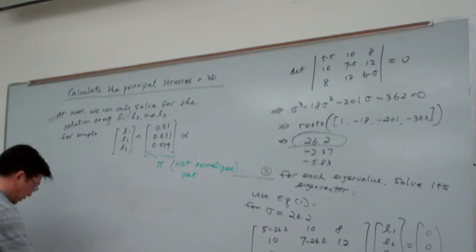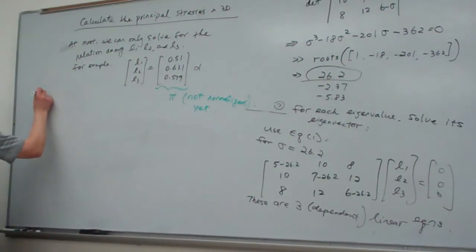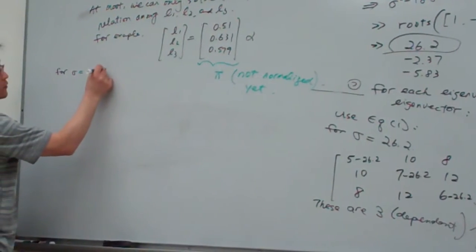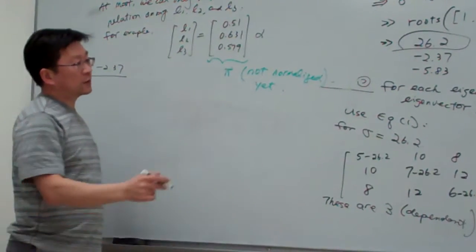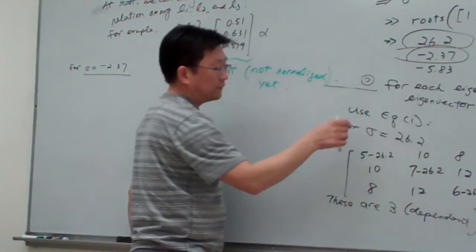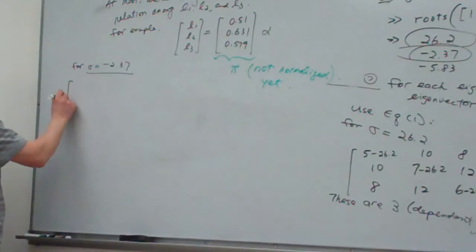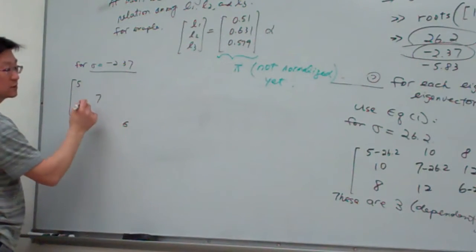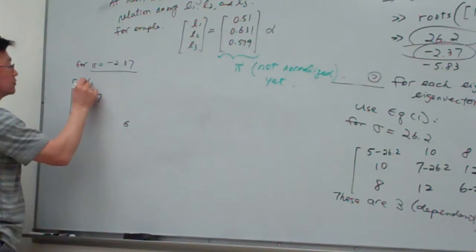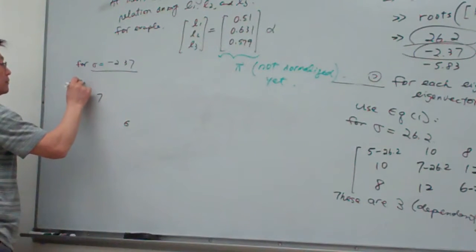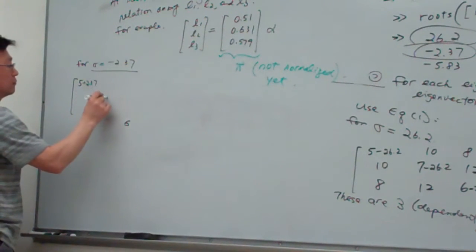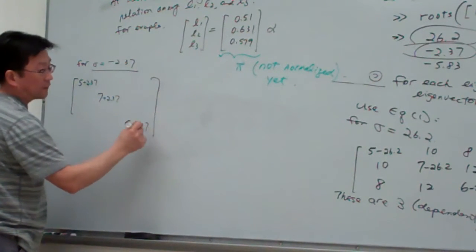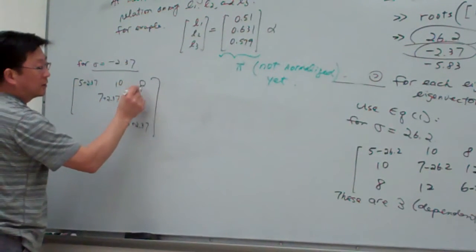So we have three eigenvalues. Now for sigma equal to minus 2.37, we're going to solve for this one. The same thing: you plug into that equation here, 5, 7, 6, plus, yeah, it should be plus, right? You just repeat the same thing.